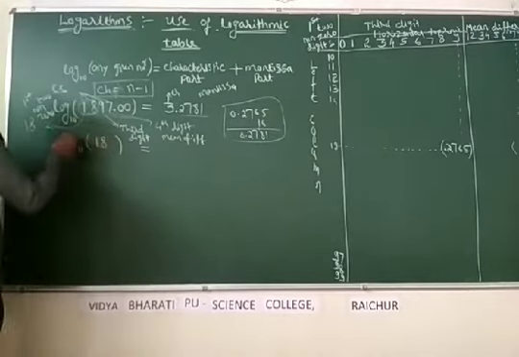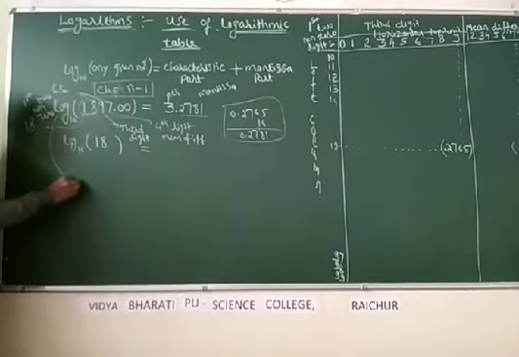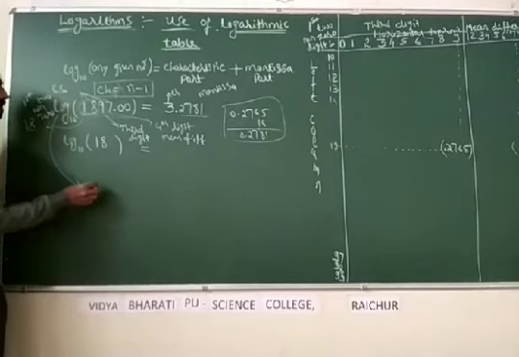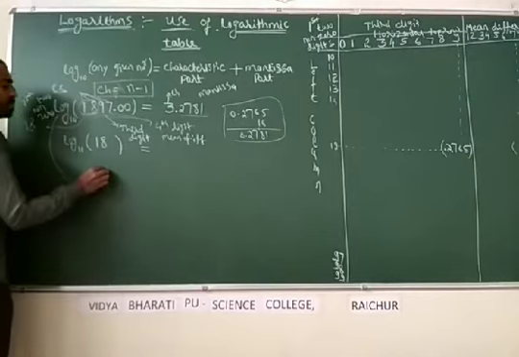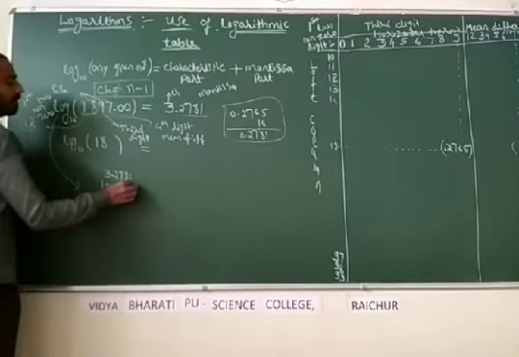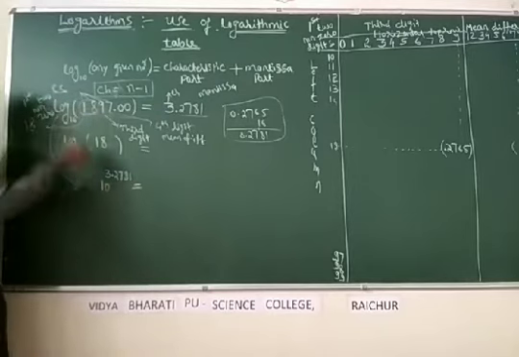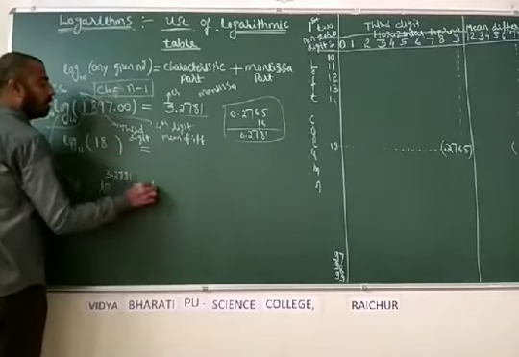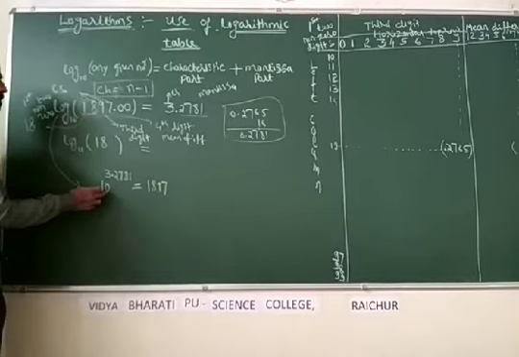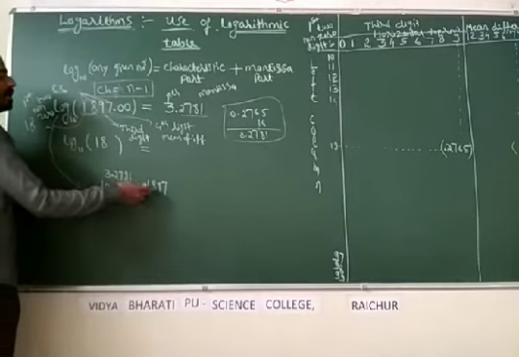In other words, whenever I multiply 10 these many times, 3.2781 times, then I am going to get this value, 1897.